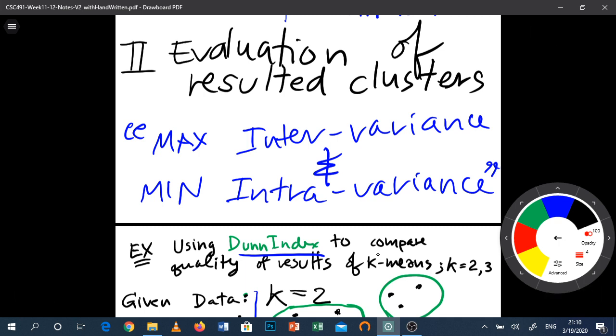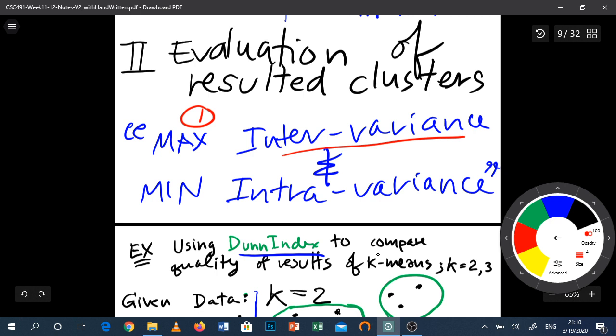First, we try to maximize the intervariance between clusters. That means the clusters each have to be far apart. But at the same time, number 2, we want to make sure that within a cluster it is compact. That means we try to minimize the intravariance within each cluster.